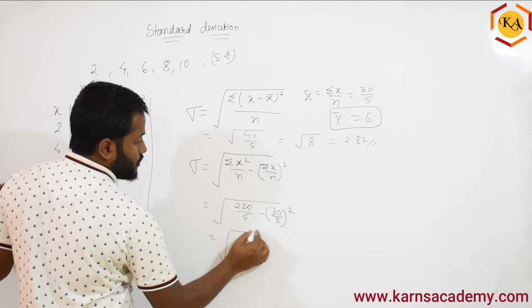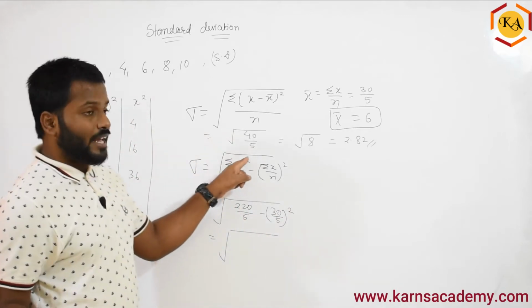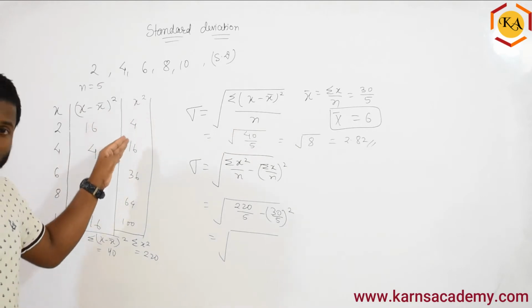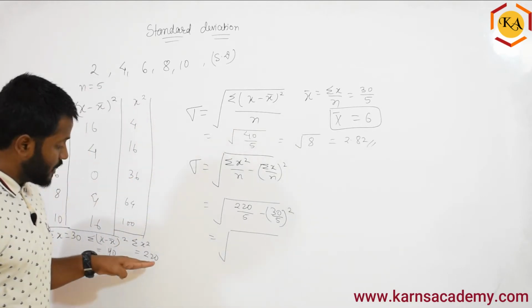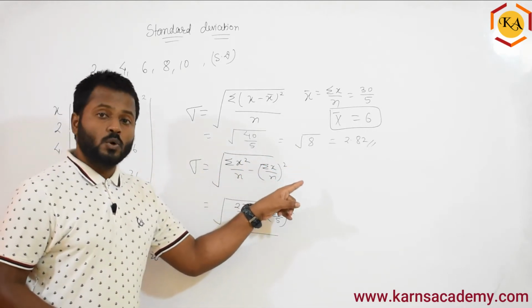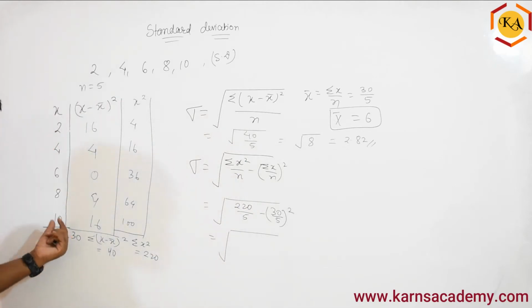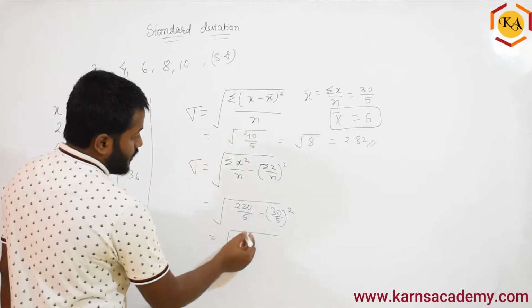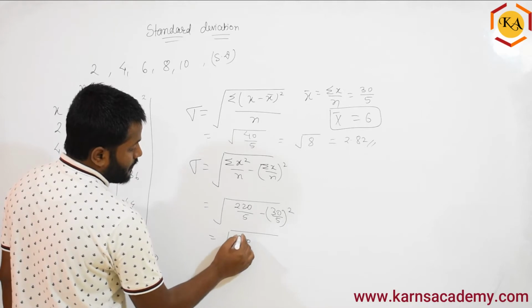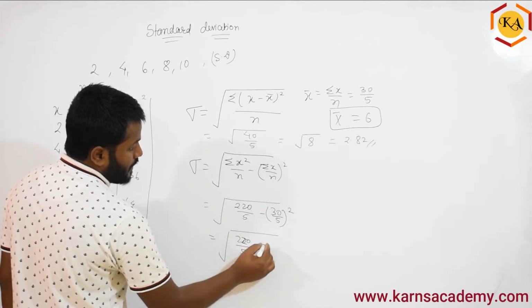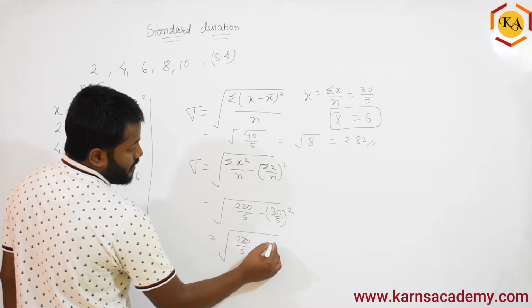Now can we substitute this? Remember, summation x square means we have to find the x square column and then add all the values. Summation x whole square means whatever the x total is, that we have to square it. Now try finding this: 220 by 5 minus 30 by 5 square.